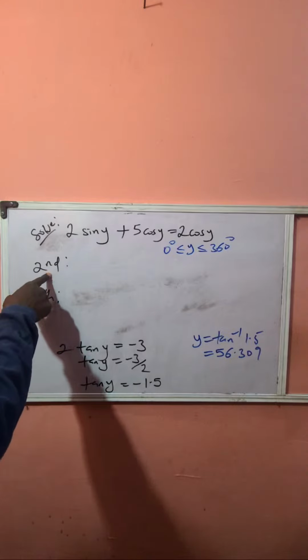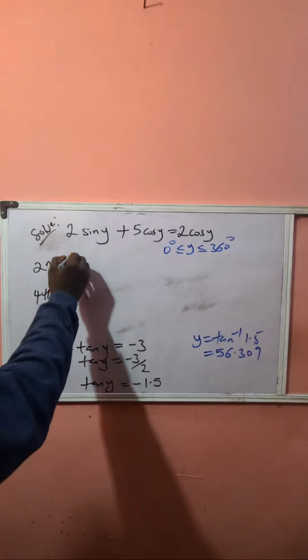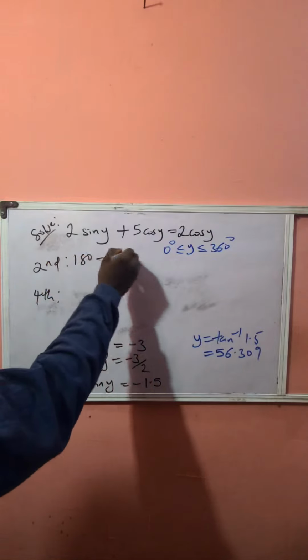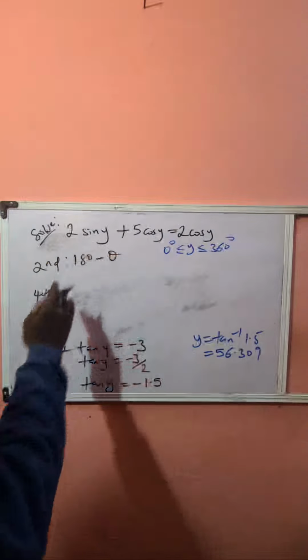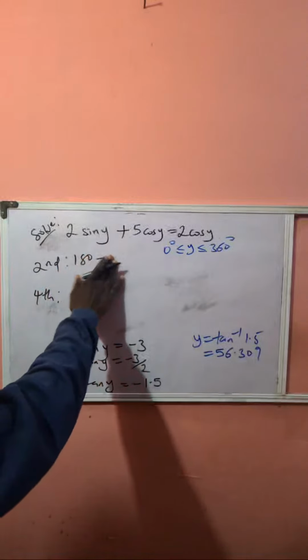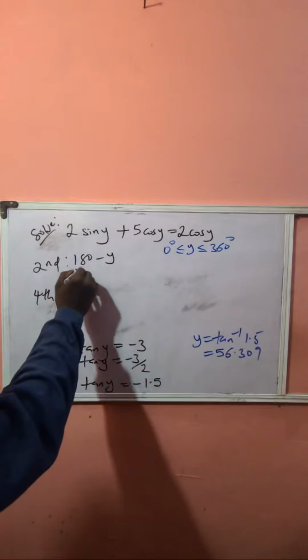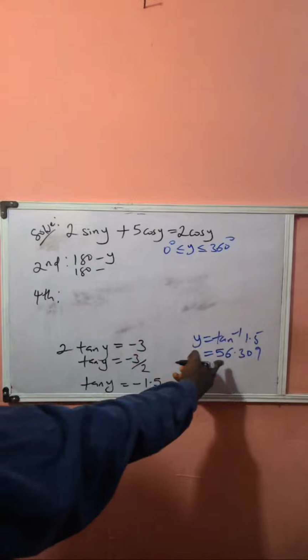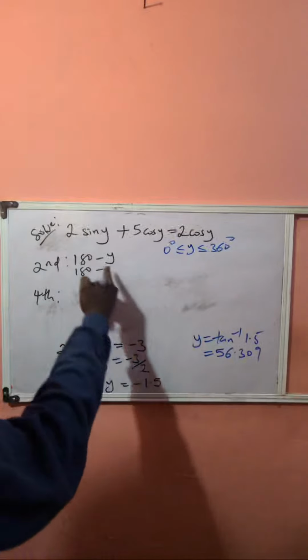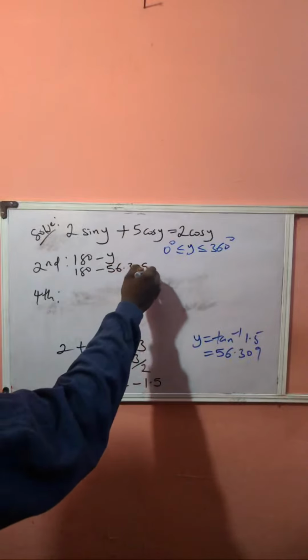What's the rule that happens in the second quadrant? In the second quadrant, we have 180 minus theta. But in this case, we're not dealing with theta as our angle, we're dealing with y. So that'll be 180 minus y. We've gotten our y value, that's it right here, 56.309.